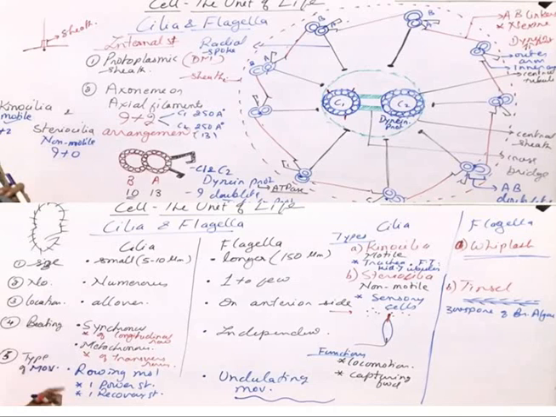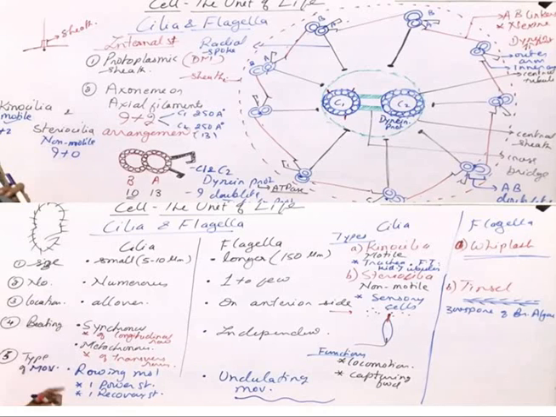Now the comparison of cilia and flagella. You see cilia are small in size, flagella larger, that is 0.5 to 10 micrometers for cilia and 150 micrometers for flagella.